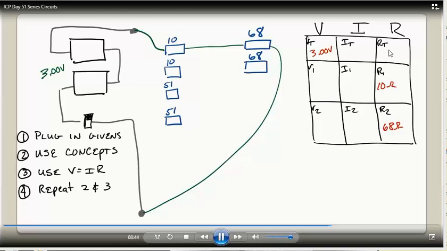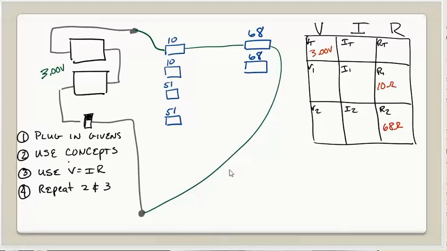For our second step, we use concepts. The one thing I left out here is we need to find RT. In a series circuit, the way we go about finding the total resistance is that we add R1 and R2.